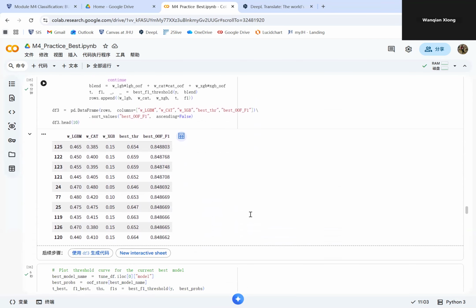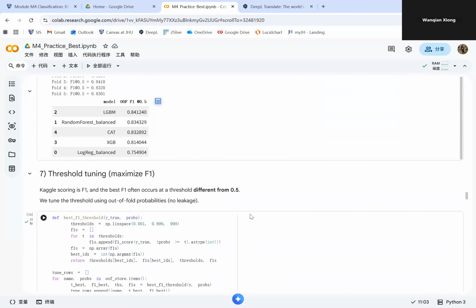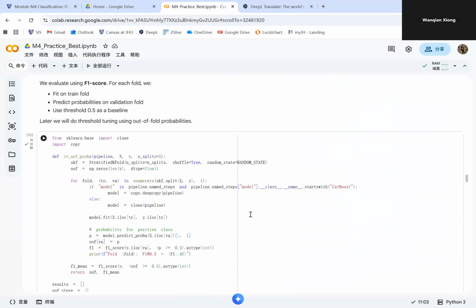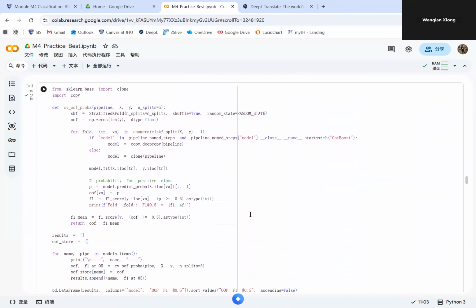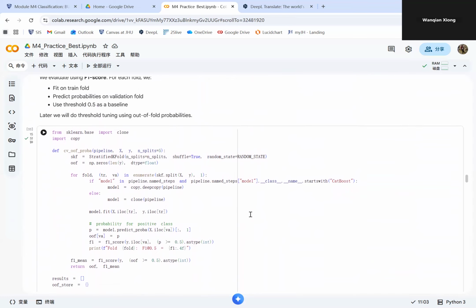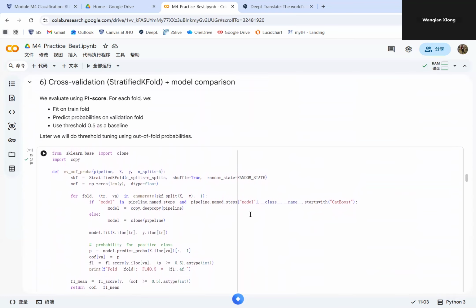Now, getting a high score is great, but how do we know our model is well fitted and not just memorizing the training data? We completely avoided a simple train test split. Instead, we used five-fold stratified cross-validation. This ensured that the proportion of defaults remained identical across all folds.